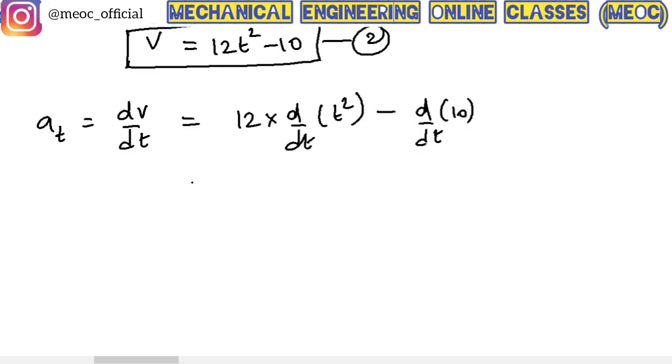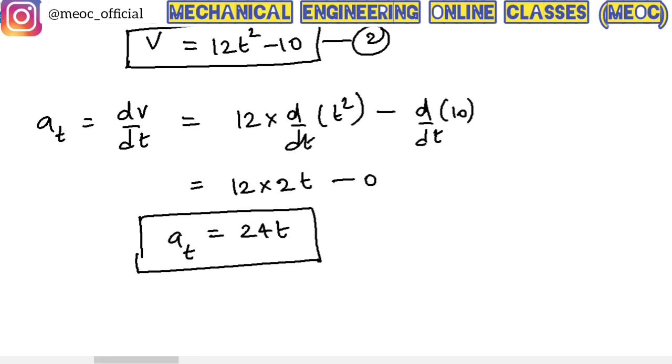So this will come out to be 12 into 2t minus 0. So this is 24t. Therefore at is equal to 24t. We have obtained the tangential component of acceleration in terms of t. Let that be equation number 3.